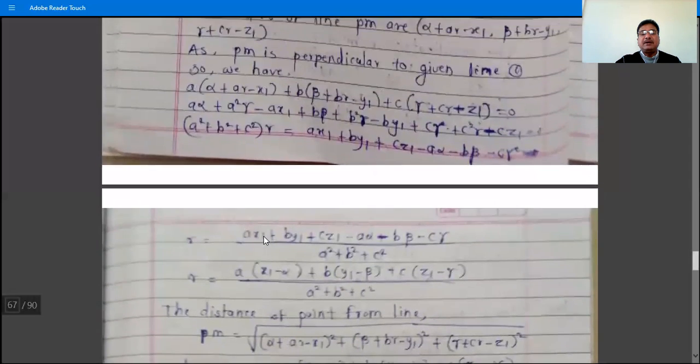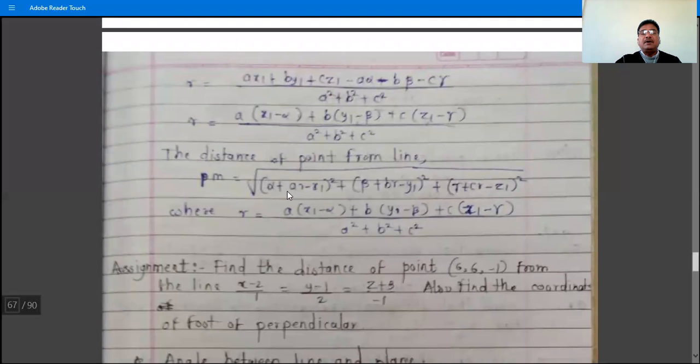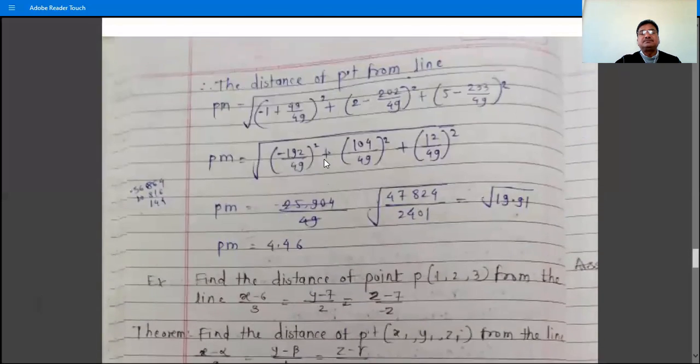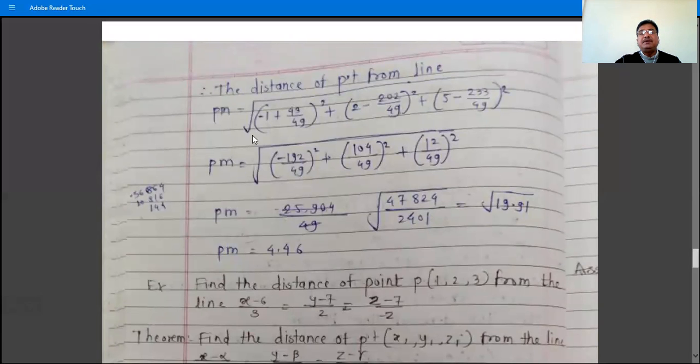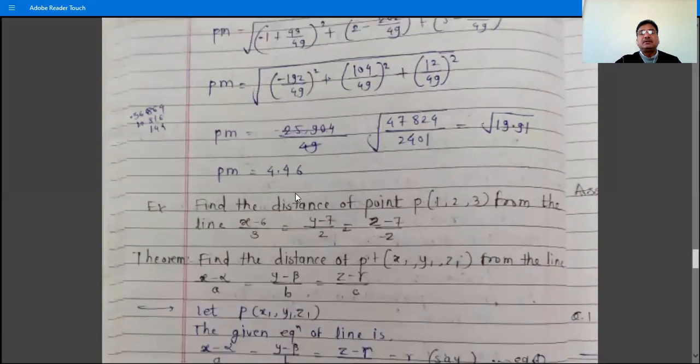So we have, by using the distance formula, the distance between P and M.